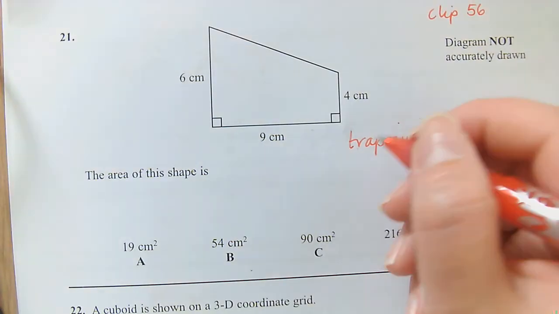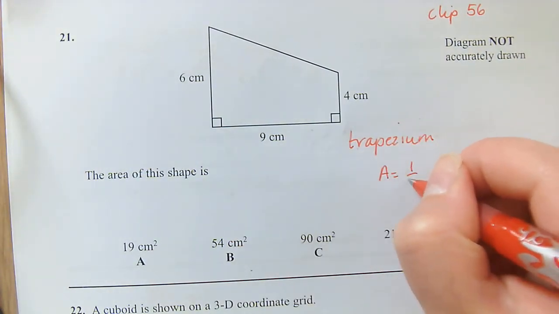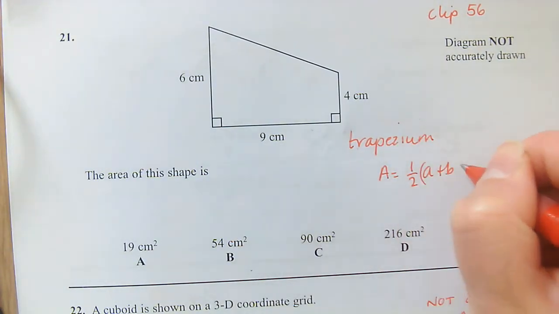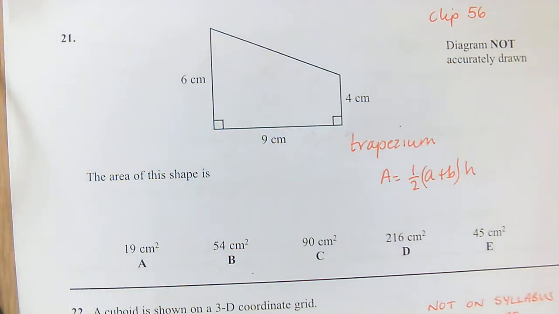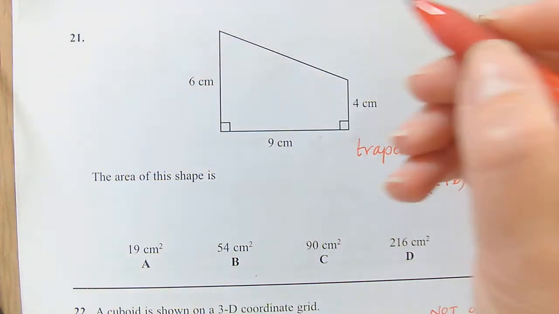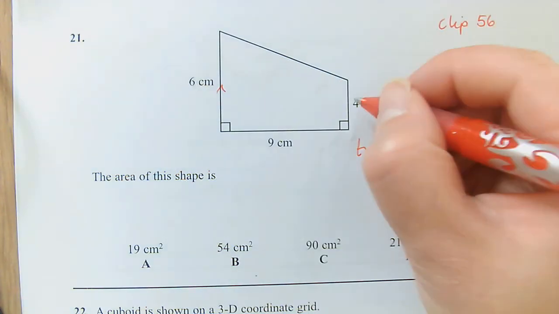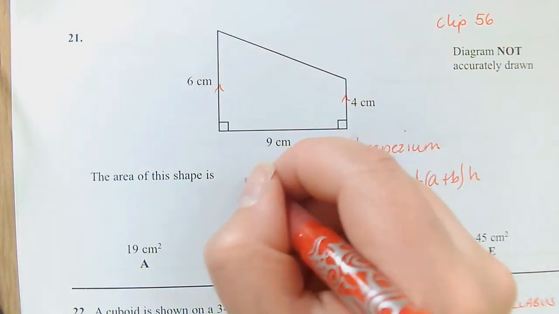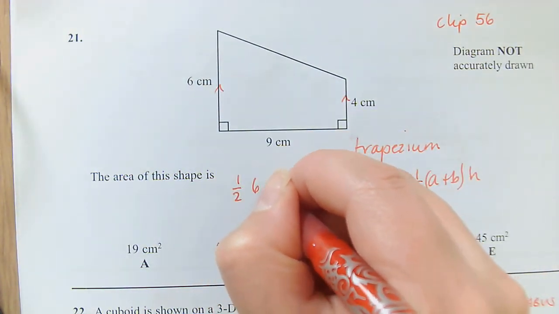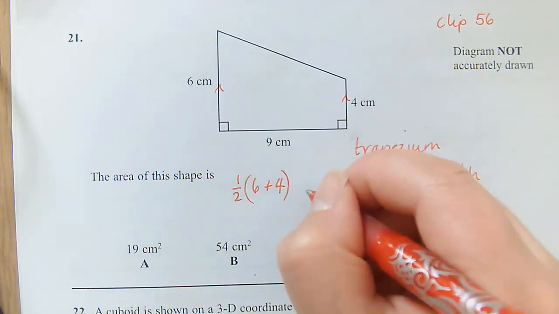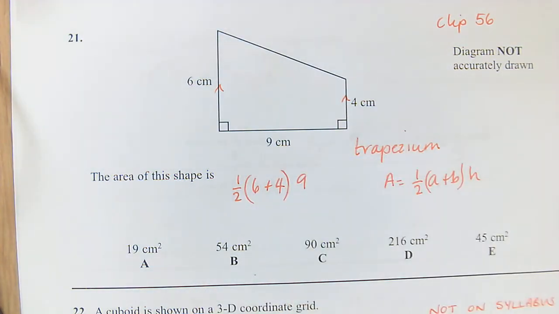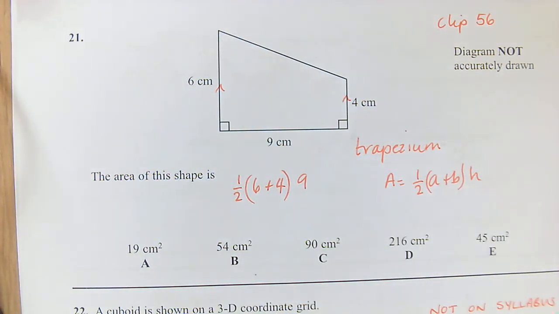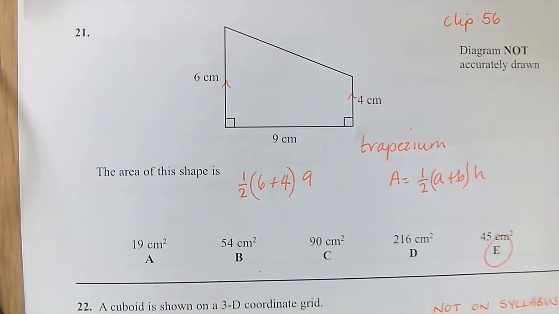To work out the area of a trapezium, we're doing half of a plus b multiplied by the height. So our a plus b is our parallel lines, so our 6 and our 4. So we need to do half of 6 plus 4 multiplied by the height, which is 9. So 6 plus 4 is 10, half of 10 is 5, 5 times 9 is 45 centimetres squared.